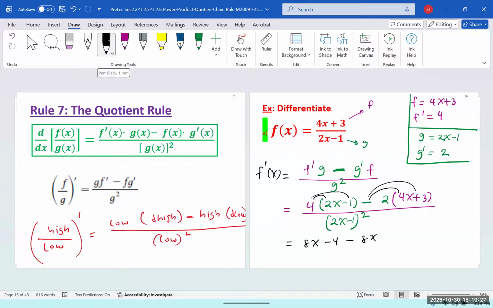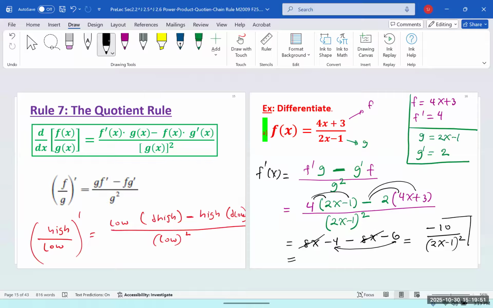It should be minus 6 because negative 2 times 3 is negative 6. And the 8x cancel out. So 4 and 6 gives us negative 10 over the denominator.